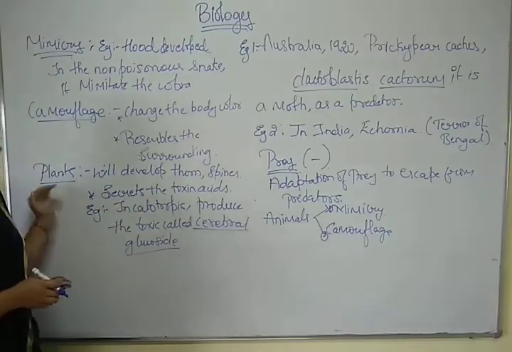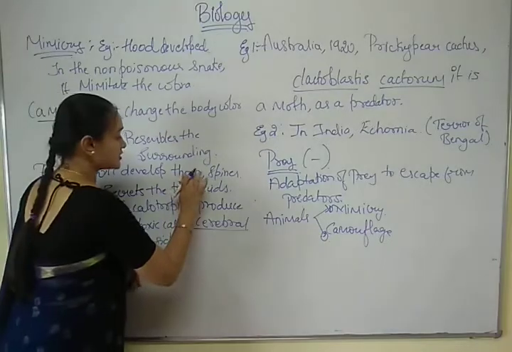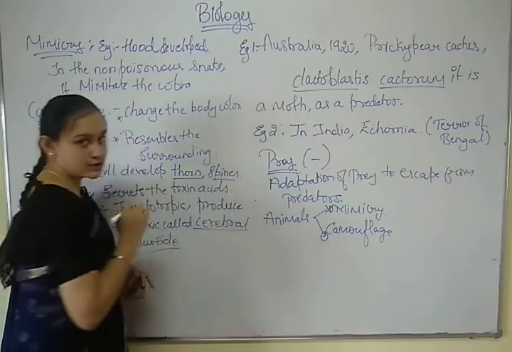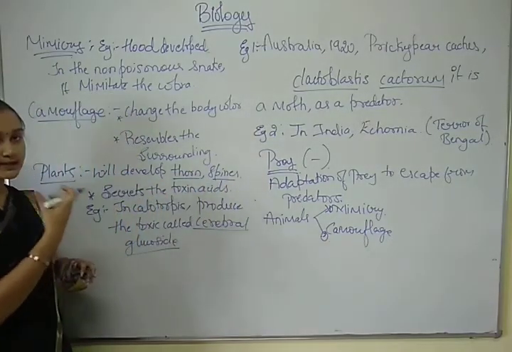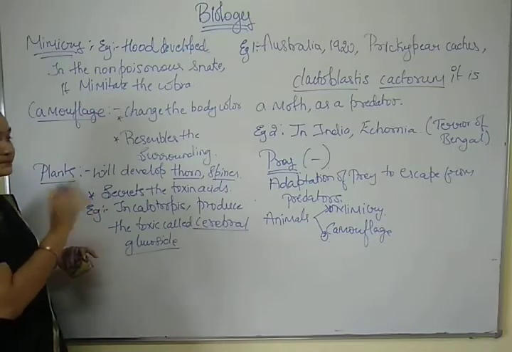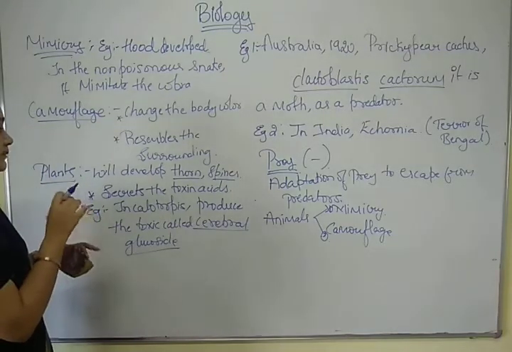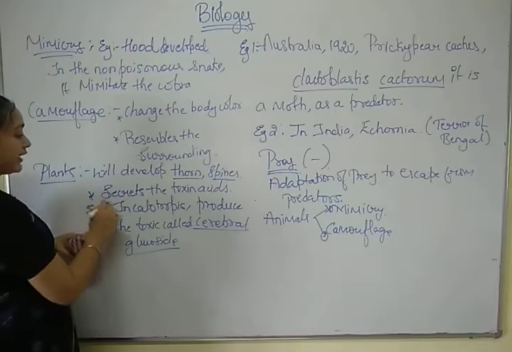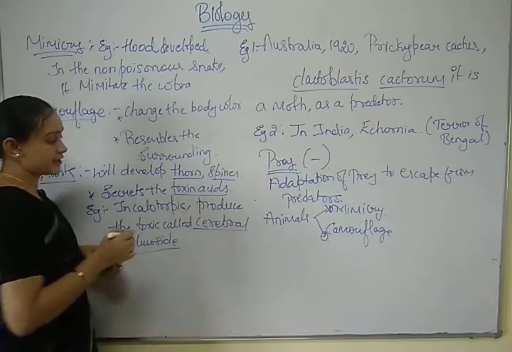So the plants will develop certain thorns and spines, so that the organisms will get hurt if they attack this particular plant. And also it will secrete certain toxic acid.